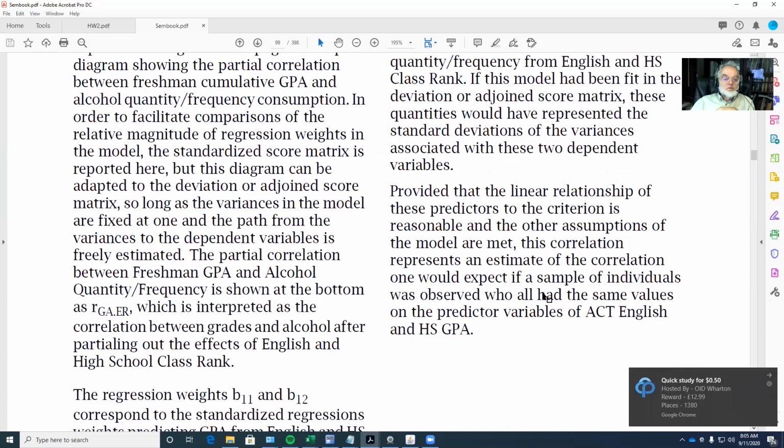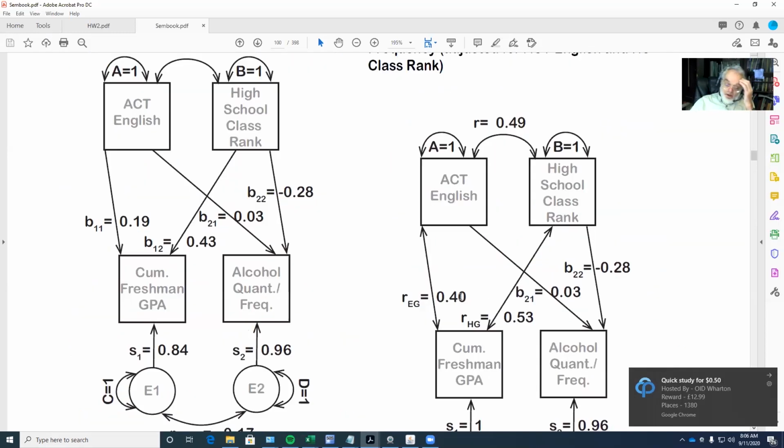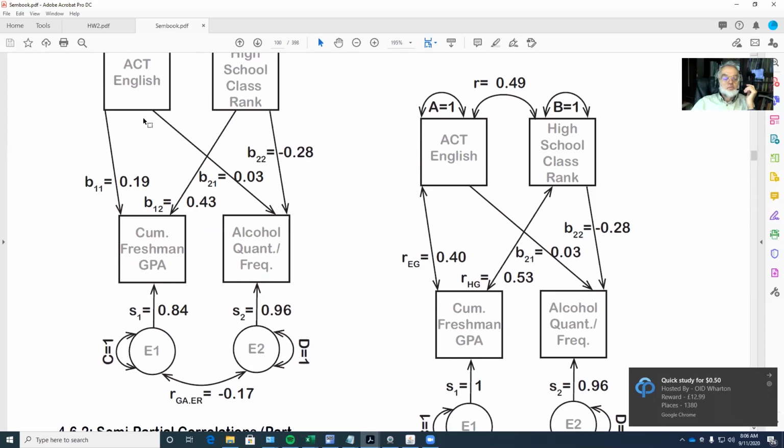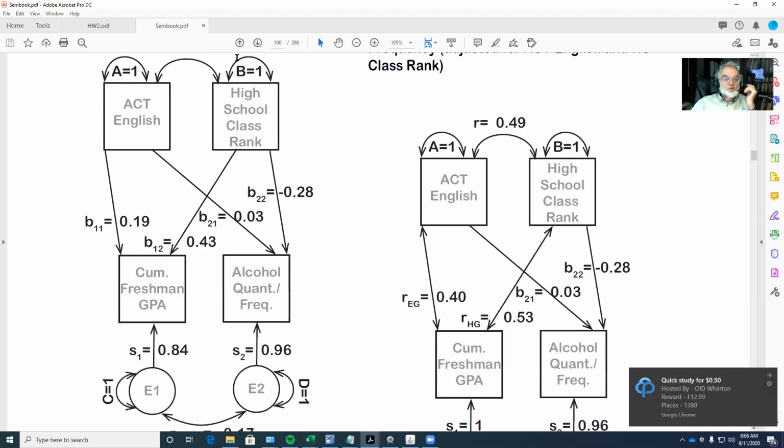We can talk a little bit about that, but what I want to draw your attention to are these two path diagrams. Here we have freshman GPA and alcohol, and upstairs we have some predictors of high school class rank. Notice what's happened here. If we look at this as a path diagram, this is a 2 predictor regression for this variable and a 2 predictor regression for this variable.